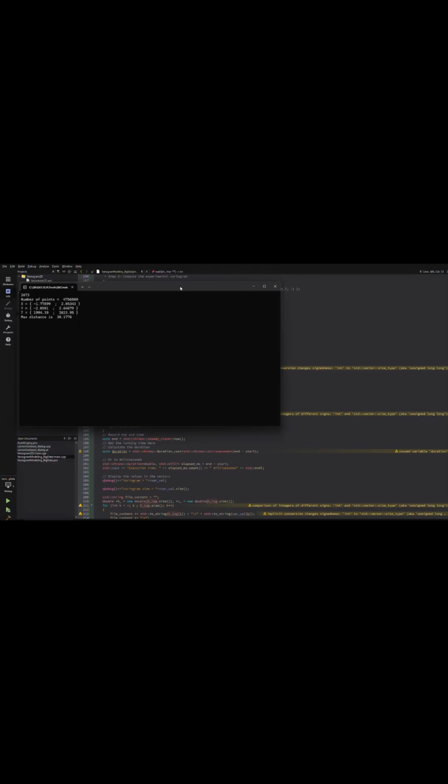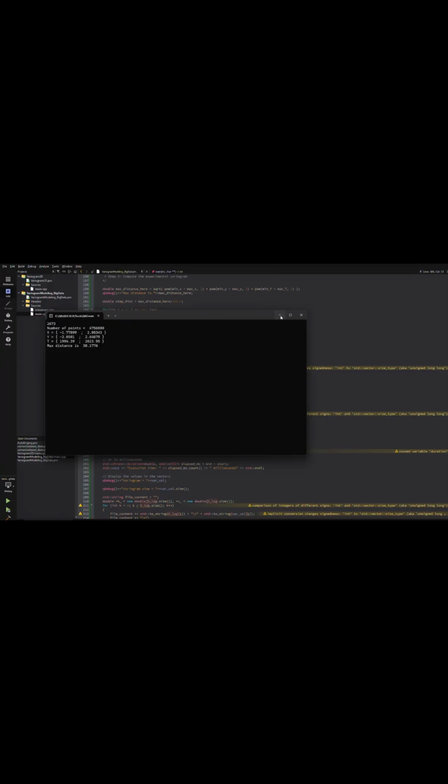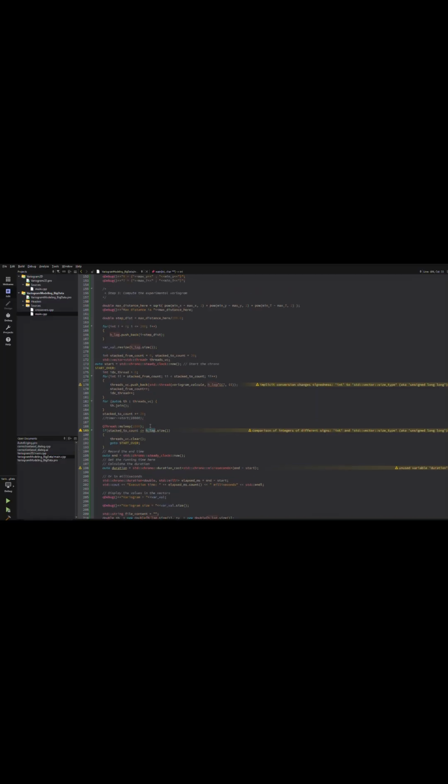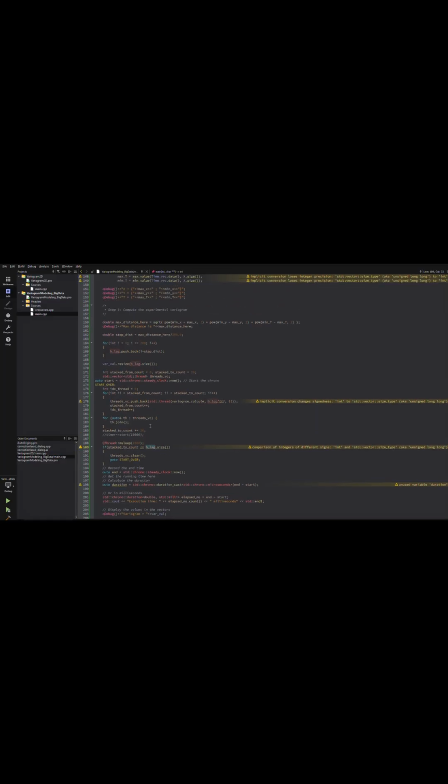Multi-threading is one way of doing things in these types of situations, but it's not the only way. I can also use the GPU to speed up this process. GPU is actually pretty good if you have, for example, a good NVIDIA graphics card.